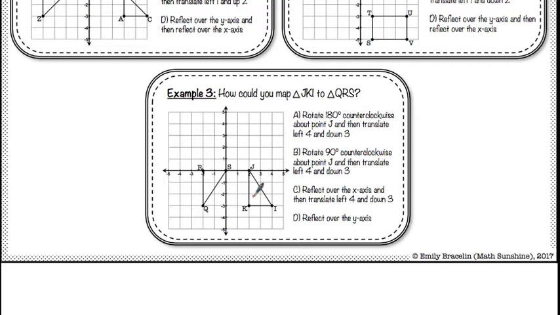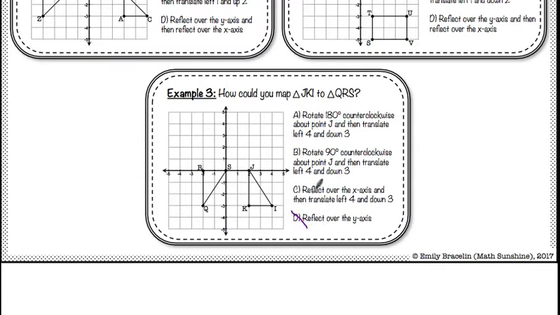Let's look at answer choice D, since it's only got one transformation. If I reflect JKI over the y-axis, I will have something that looks like this. Okay, which obviously does not map to QRS. So I know that D is not the correct answer.